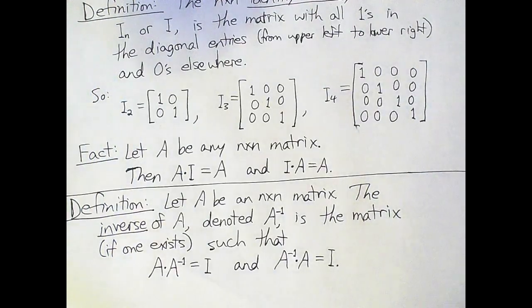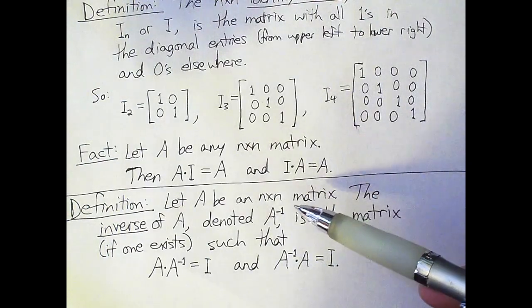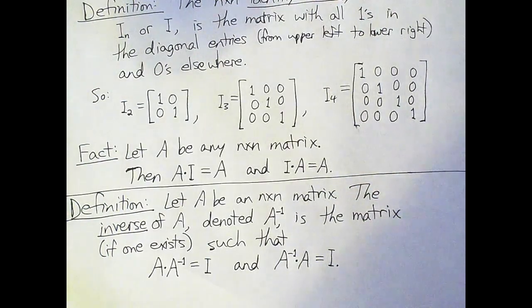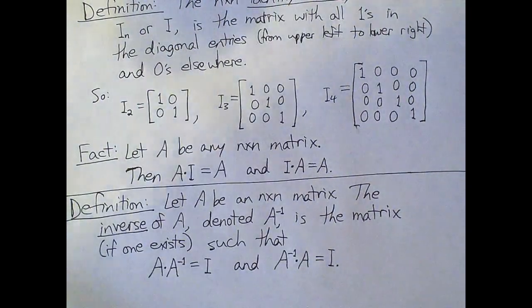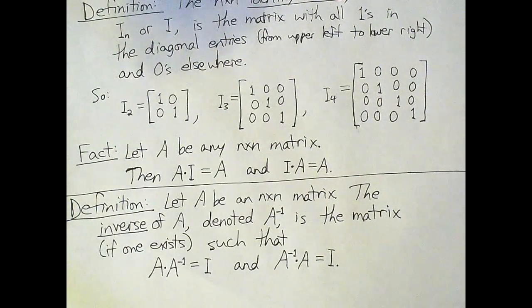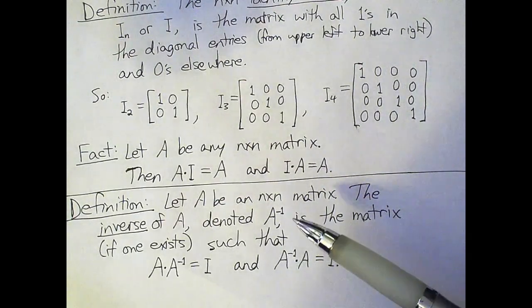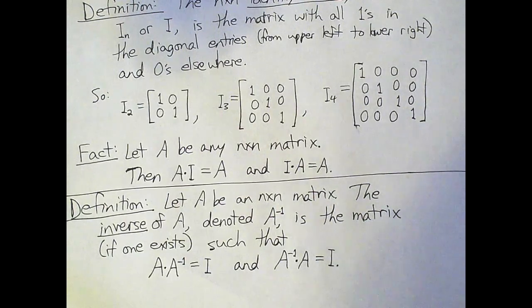We sometimes pronounce it A inverse. I'll give you a chance to write that down. All right, I have a couple of things to say about it. One is I want you to understand that even though we write a little -1 up there, it's not an exponent.